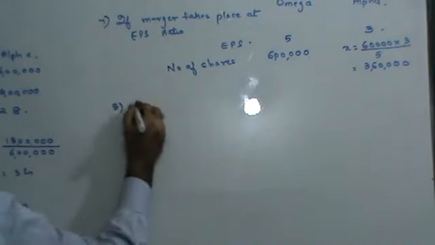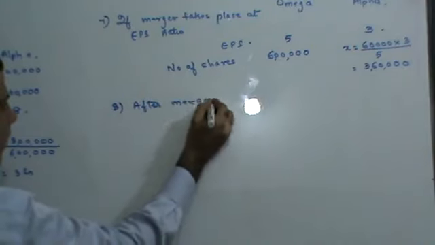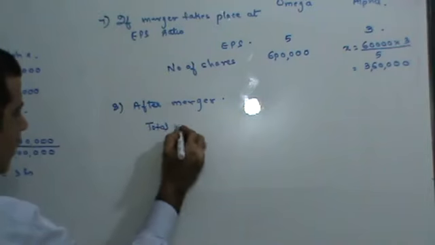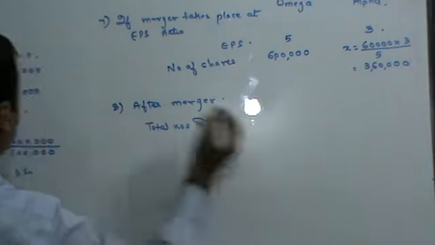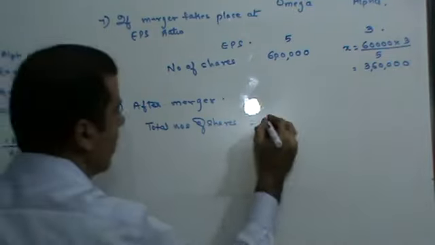Hence, after merger, what will be the total number of shares? Omega Limited already had 10 lakh shares of its own.